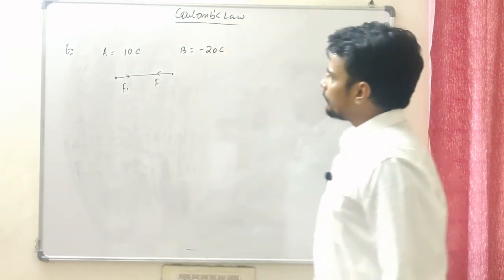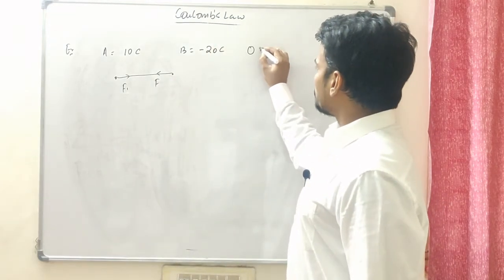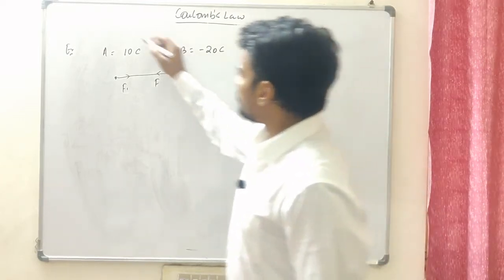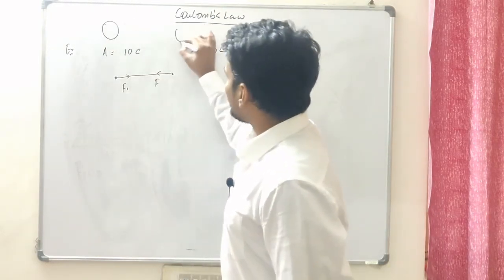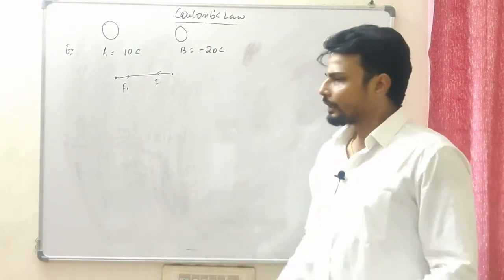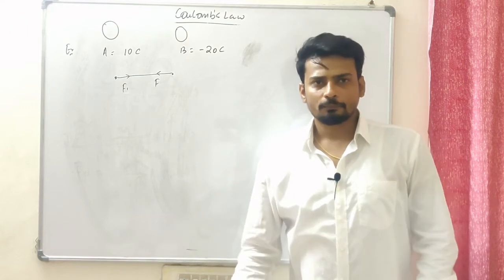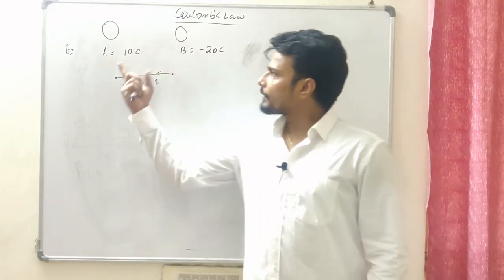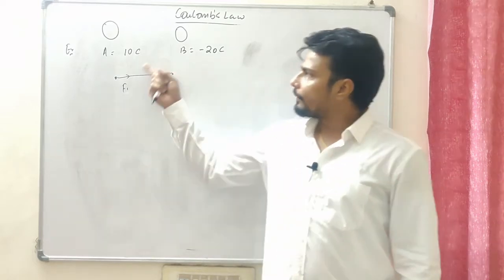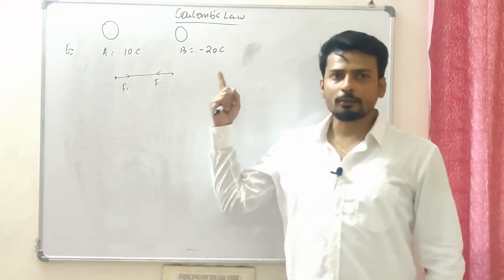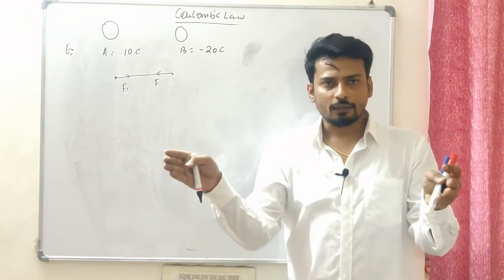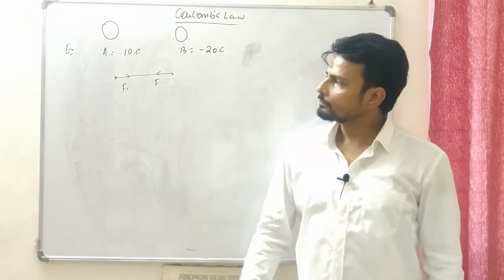Now what happened? These two spheres were brought in contact with each other. Sphere A and sphere B were brought close to each other, in contact in fact, and then they were separated. So the question is, two spherical bodies of equal size, I would mention this word, equal size, having a charge of 10 coulomb and negative 20 coulomb, were brought in contact and then separated to the same distance.